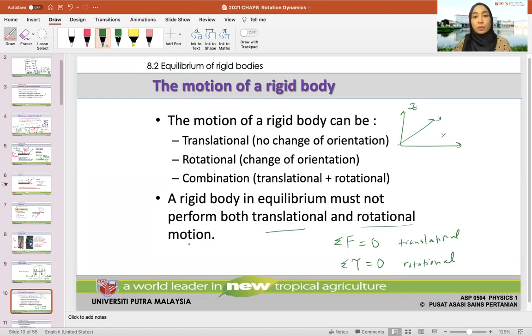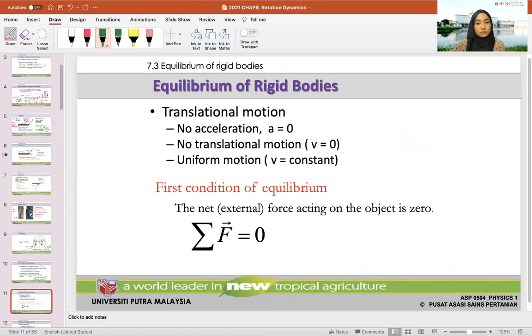If this guy is supposed to be in equilibrium, it is not supposed to be moving in position, and it is also not supposed to be rotating. So there's two conditions here for something that has the tendency to rotate. So just an additional condition, we will talk about this. A rigid body in equilibrium must not perform translational and rotational. So this is a new condition for you guys for equilibrium.